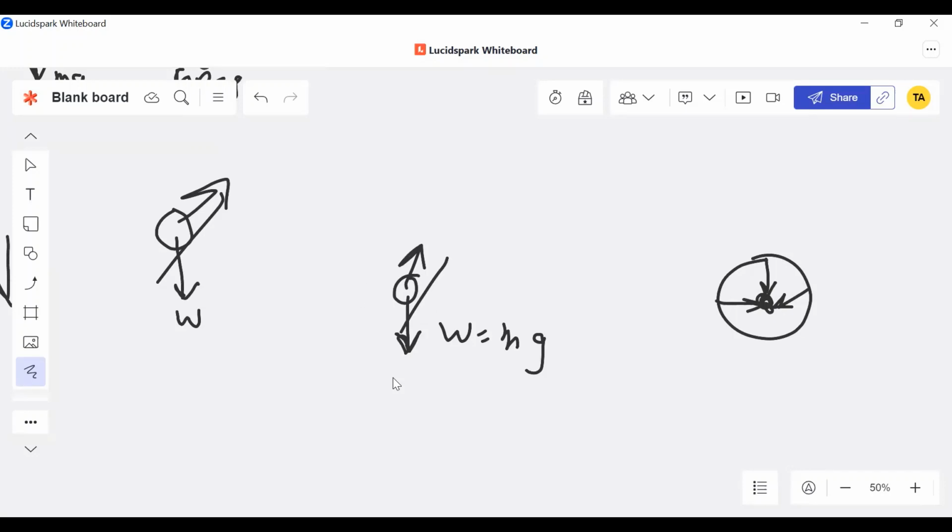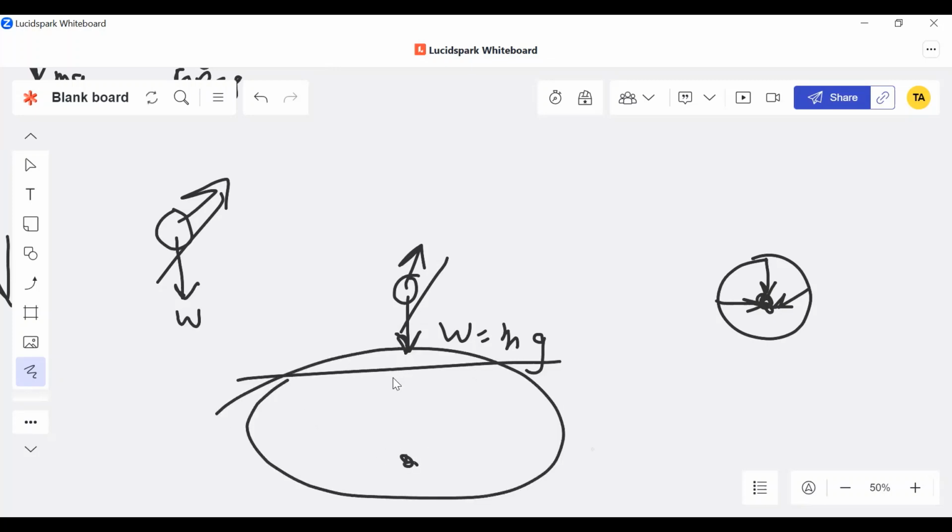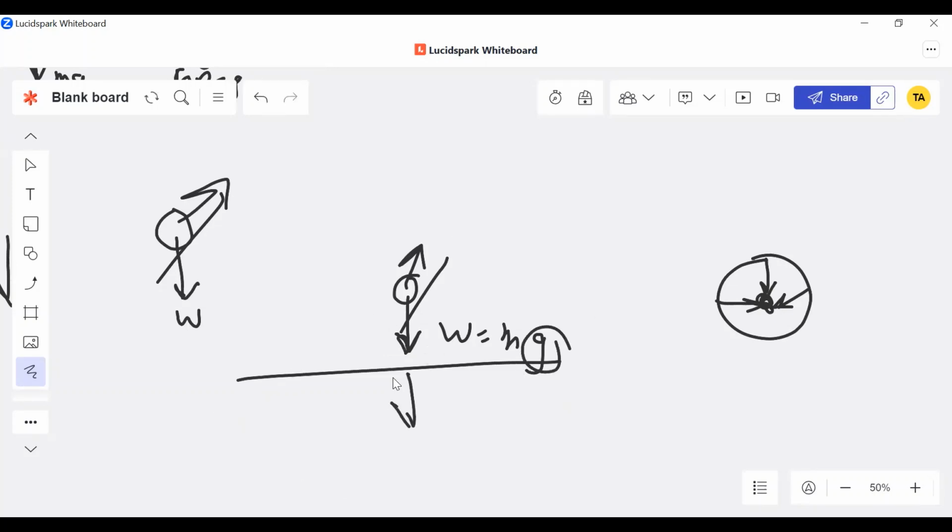So even if you're moving upwards, right, this is the surface and this is our center, because suppose this is the Earth. Because the gravitational field acts downward, the weight will also act downward, because weight equals mg.